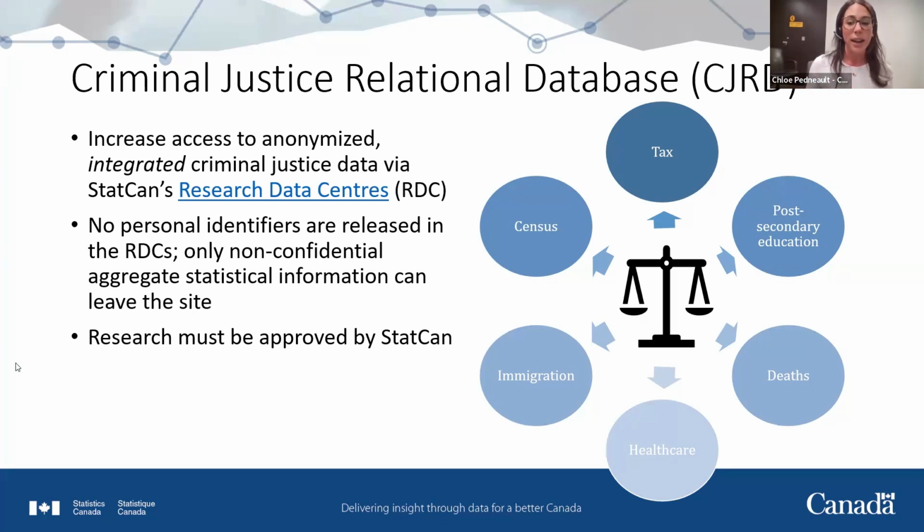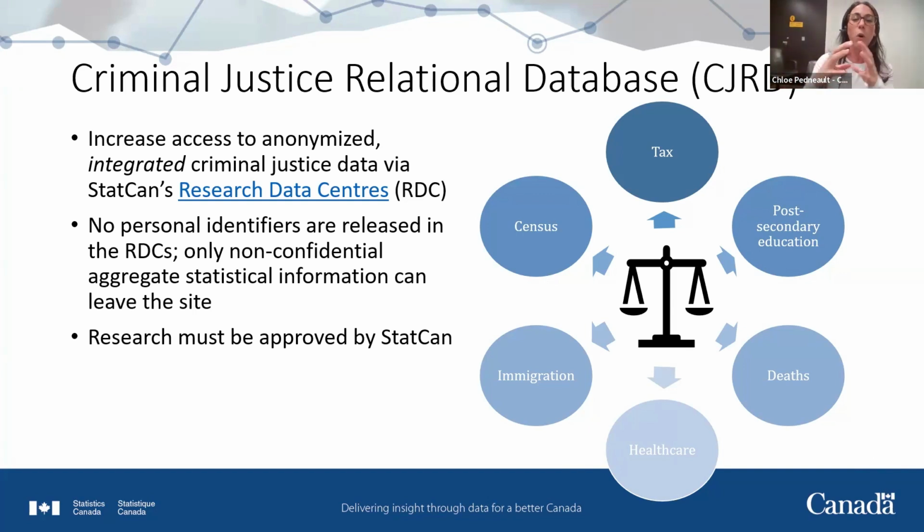I've listed them in one of my last slides, but this is just to give a broad overview of how to access these data and what they are. And just to the right here, you can see the image.